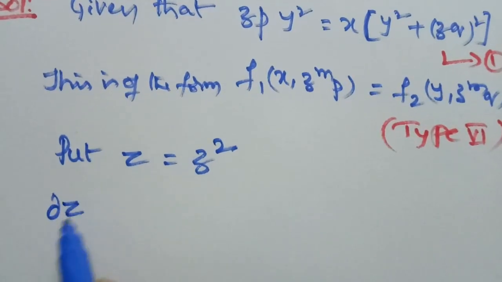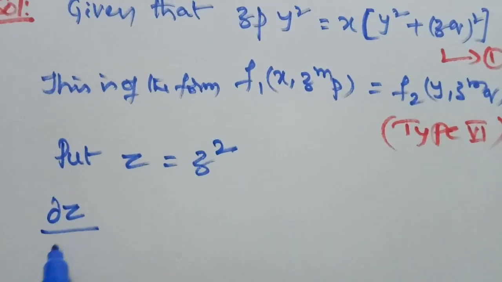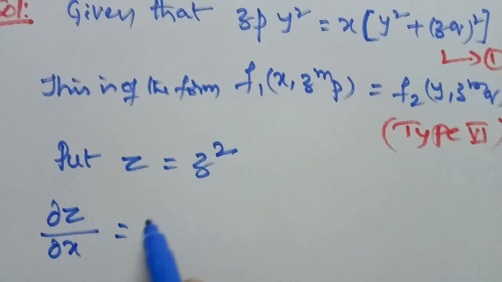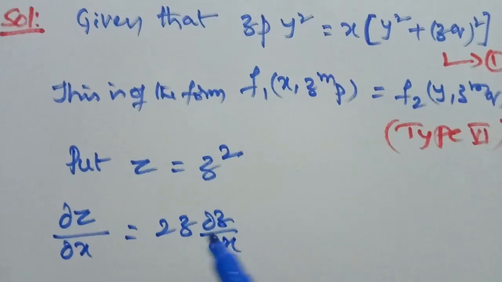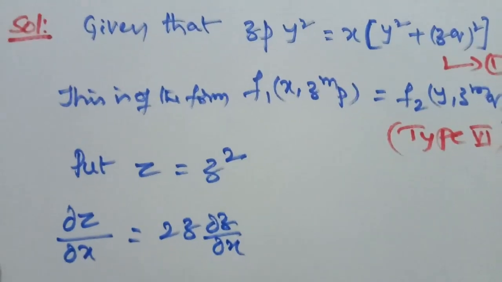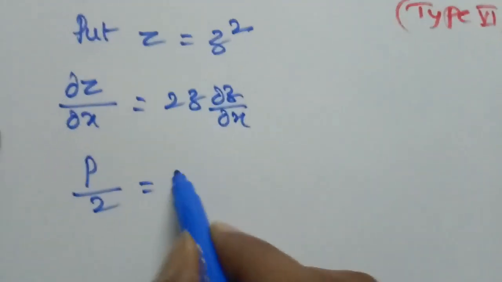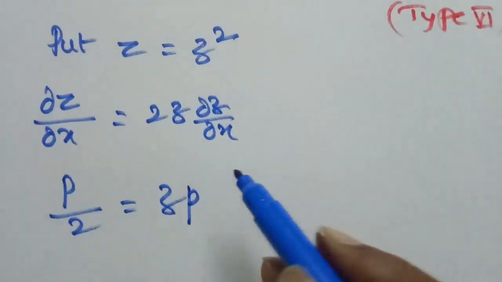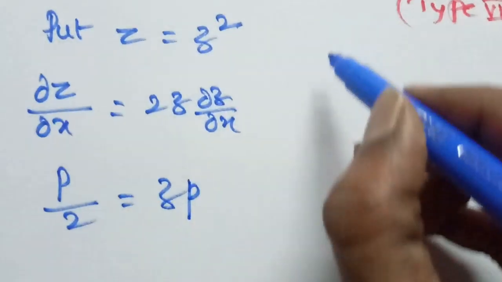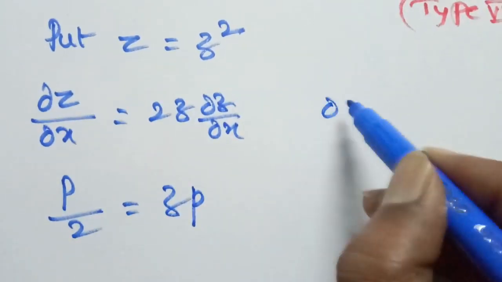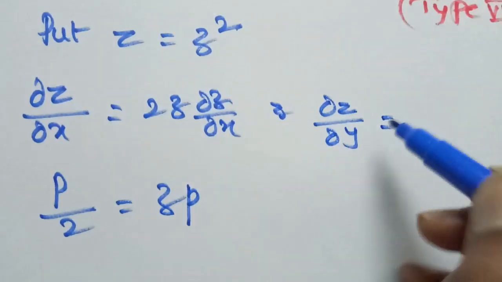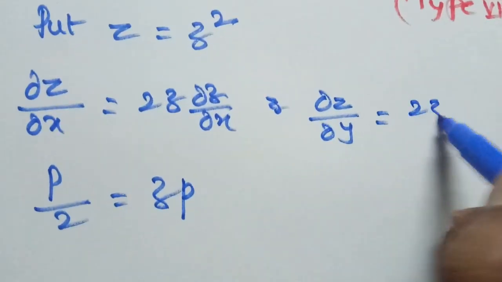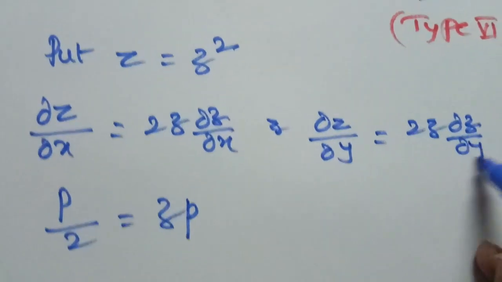Therefore partially differentiating capital Z with respect to small x on both sides, 2z into dou z by dou x. Therefore this is capital P by 2 is equal to small z into p. Again partially differentiating capital Z with respect to y on both sides, 2z into dou z by dou y.